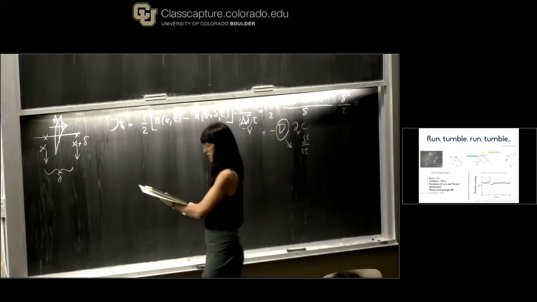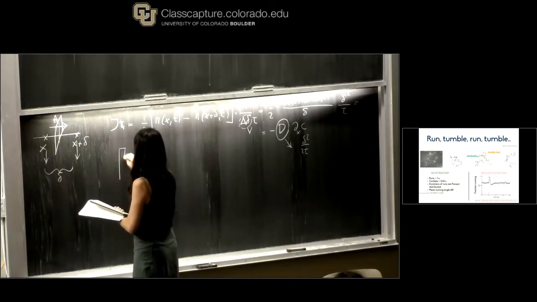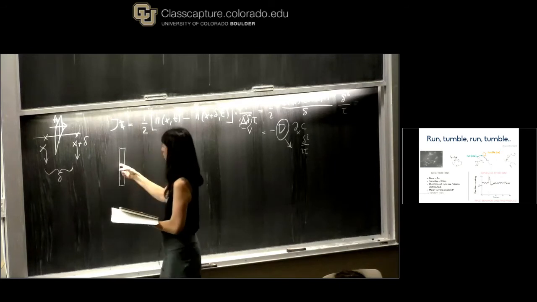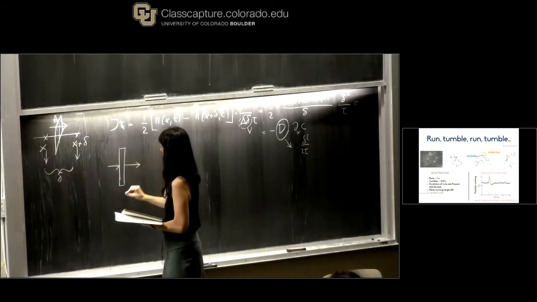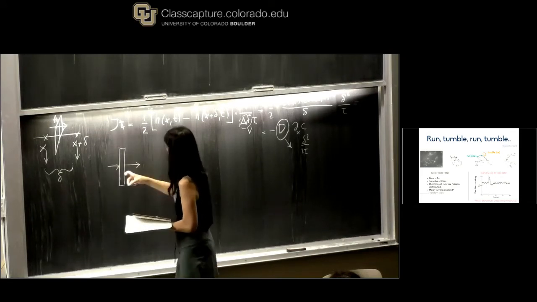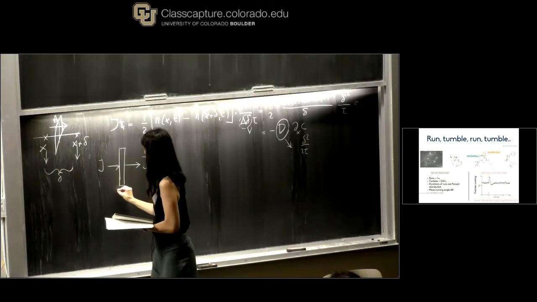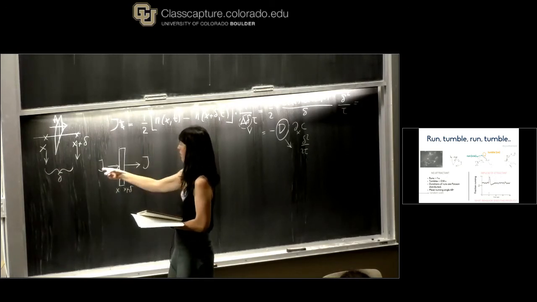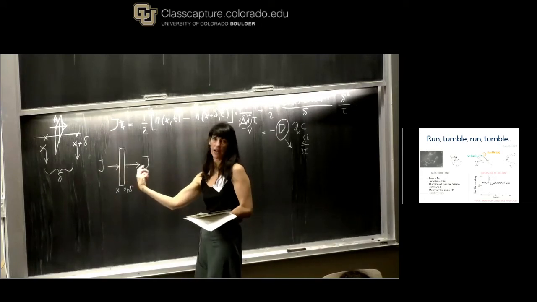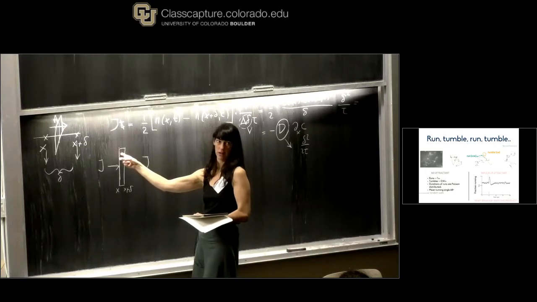Okay, let's see if the next one is slightly better. I have a volume and I just do volume conservation. I want to understand how the J's, so again this is x plus delta, the J's entering and exiting a given volume change the number of walkers inside.